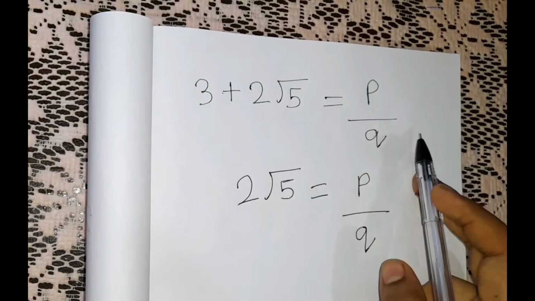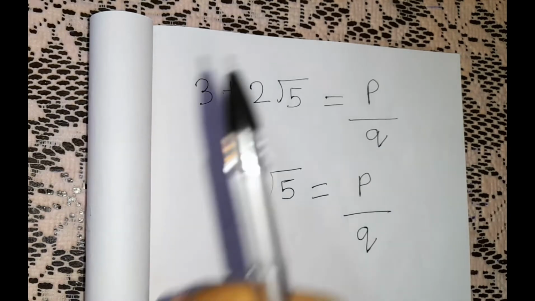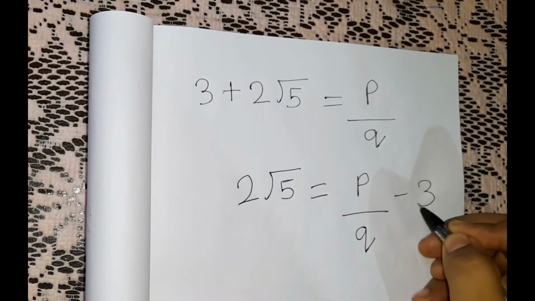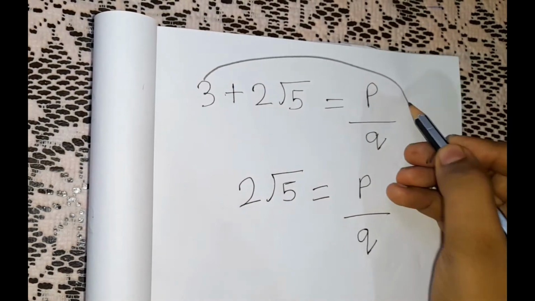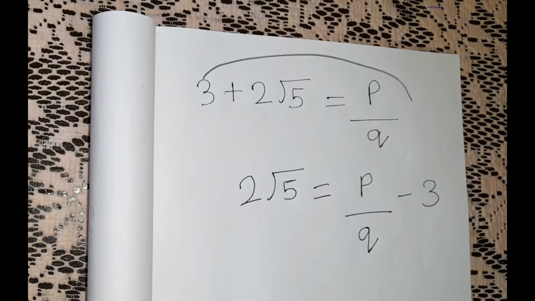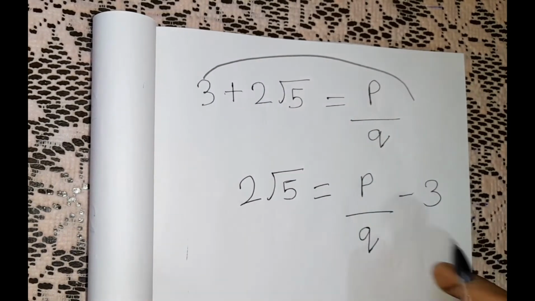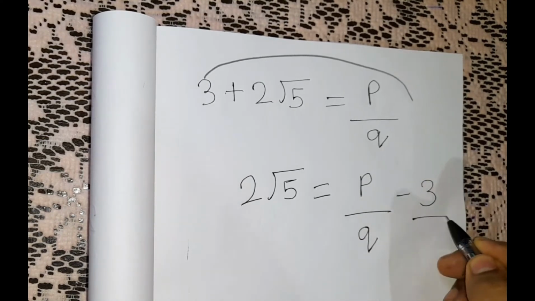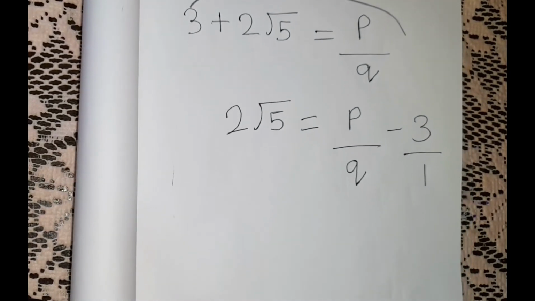When it crosses the bridge, that is the equal to sign, and comes to this side, it becomes minus 3. Here it is in fraction form, so we shall write it divided by 1. We don't have any other values, so we wrote 1.